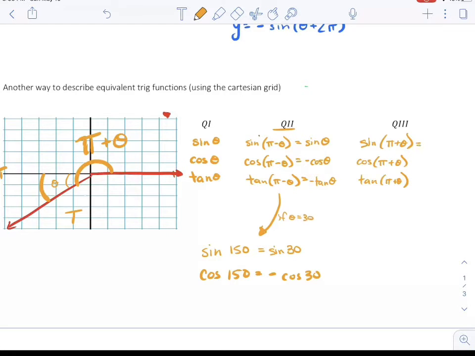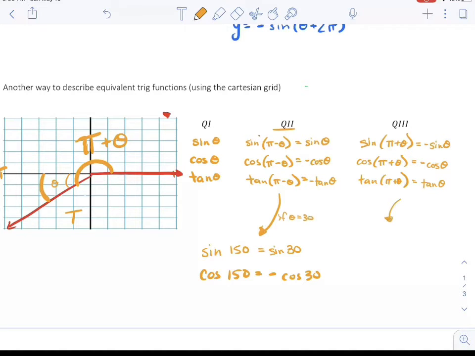In the third quadrant, sine is negative, so sine pi plus theta is equal to negative sine theta. Cos of pi plus theta is equal to negative cos, because cos is negative in the third quadrant, and tan is positive in the third quadrant, so it's equivalent to tan theta.